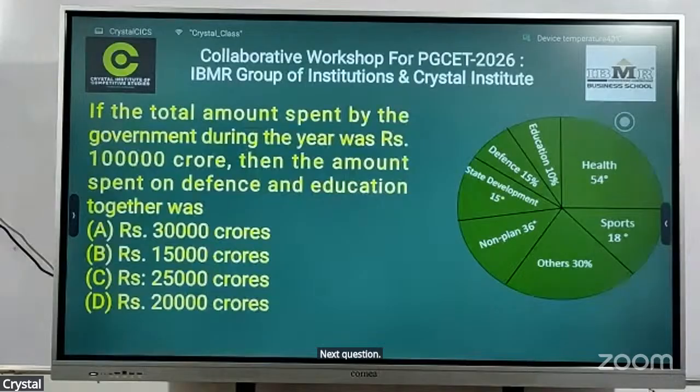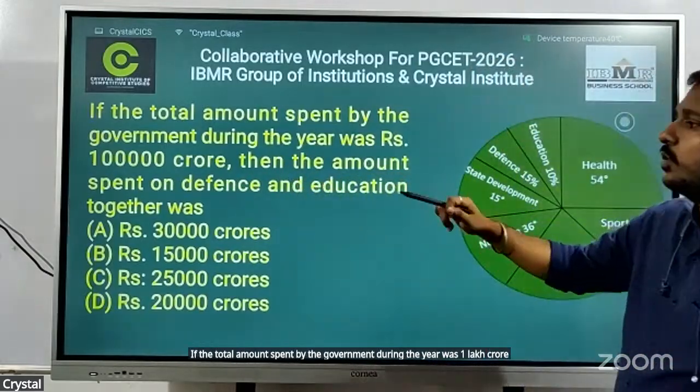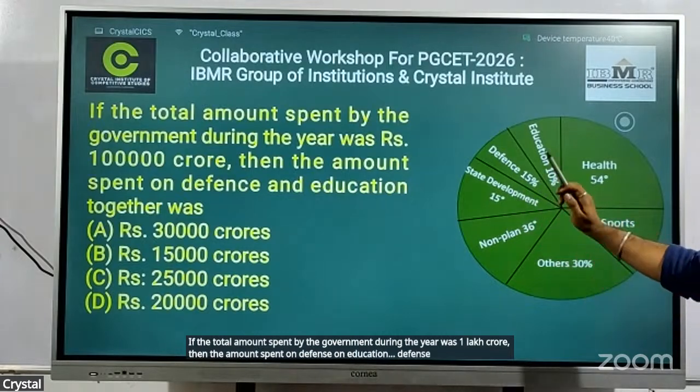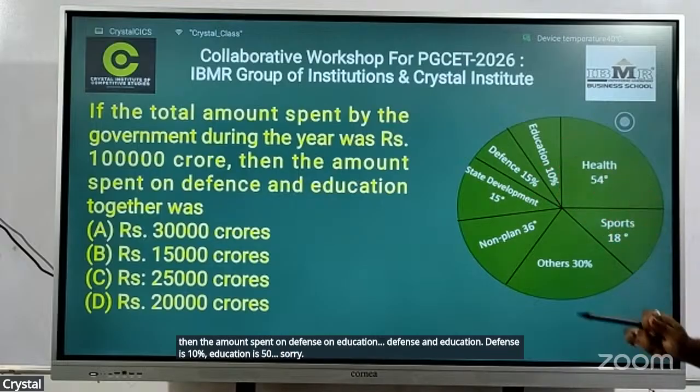If the total amount spent by the government during the year was 1 lakh crore, then the amount spent on defense and education. Defense is 15% and education is 10%.